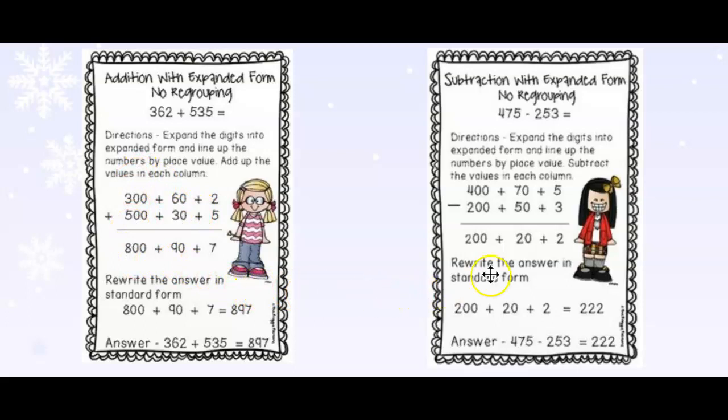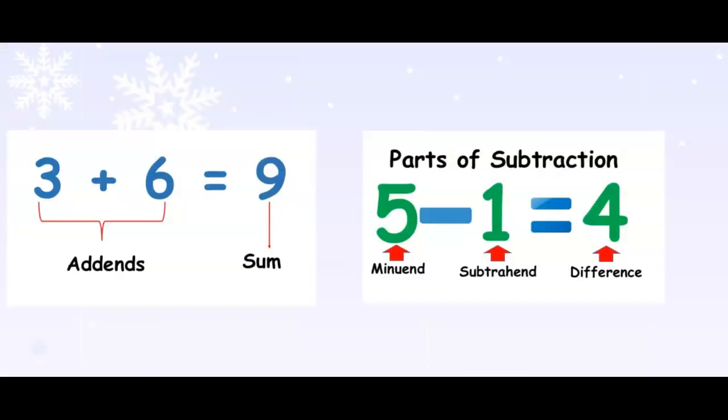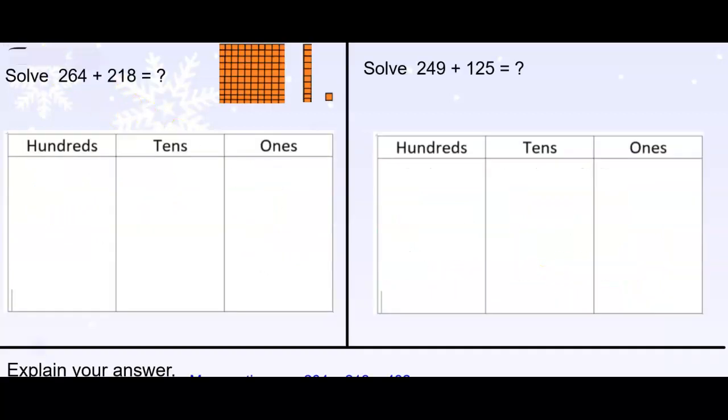And then we add or subtract and put the final answer back together again in standard form. We also know that addend plus addend equals sum, and minuend minus subtrahend equals difference.